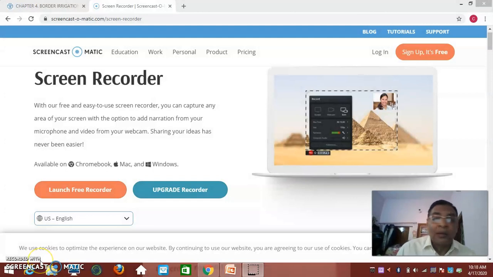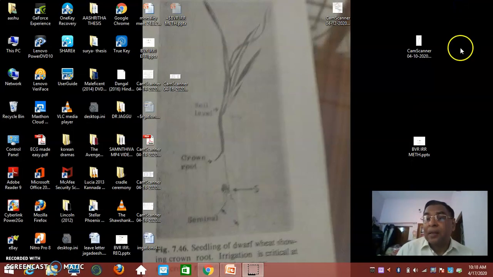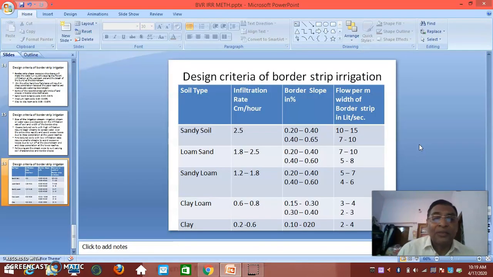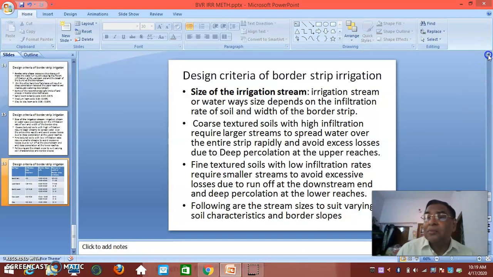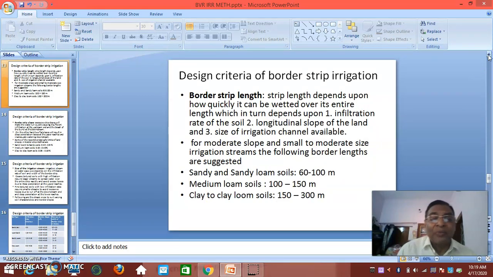So, let me first start this one. You can see already we have covered earlier various methods, and various methods means its classification and so on.